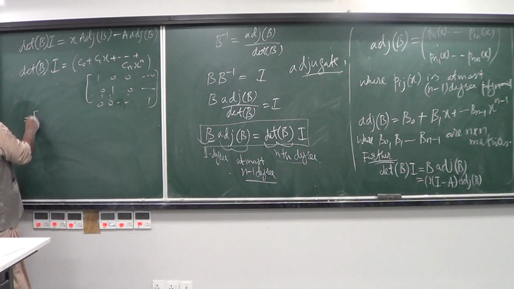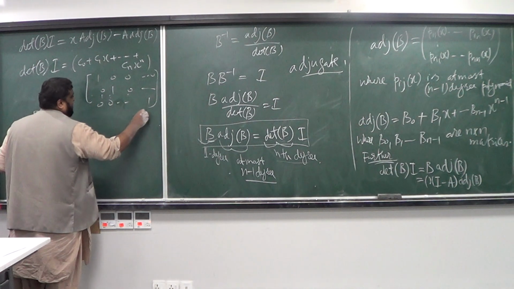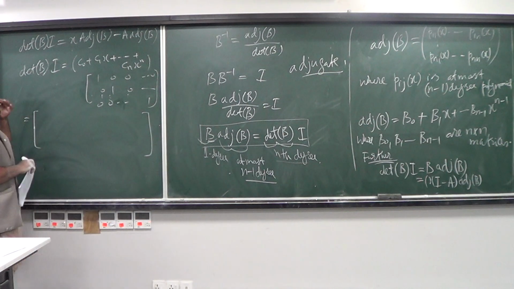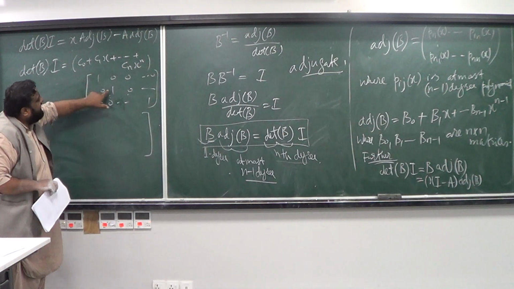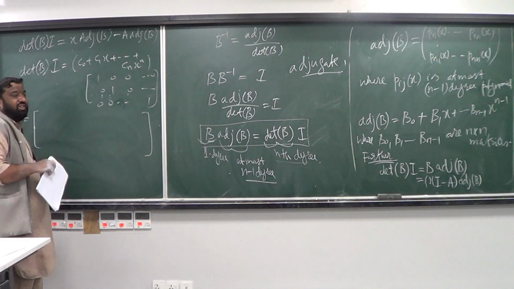What would this matrix explicitly look like? This polynomial is sitting at the diagonal terms.